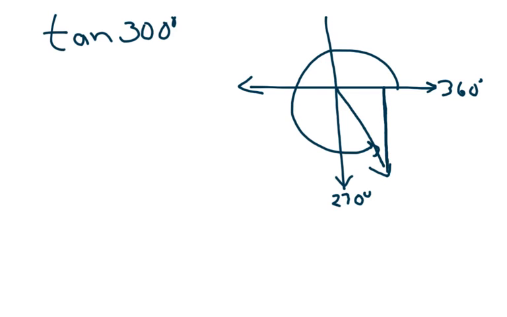So my y is larger in length than my x length. I know this length is 1/2, and I know this length is root 3 over 2. However, my y is negative. So I have 1/2, comma, negative root 3 over 2, x and y.